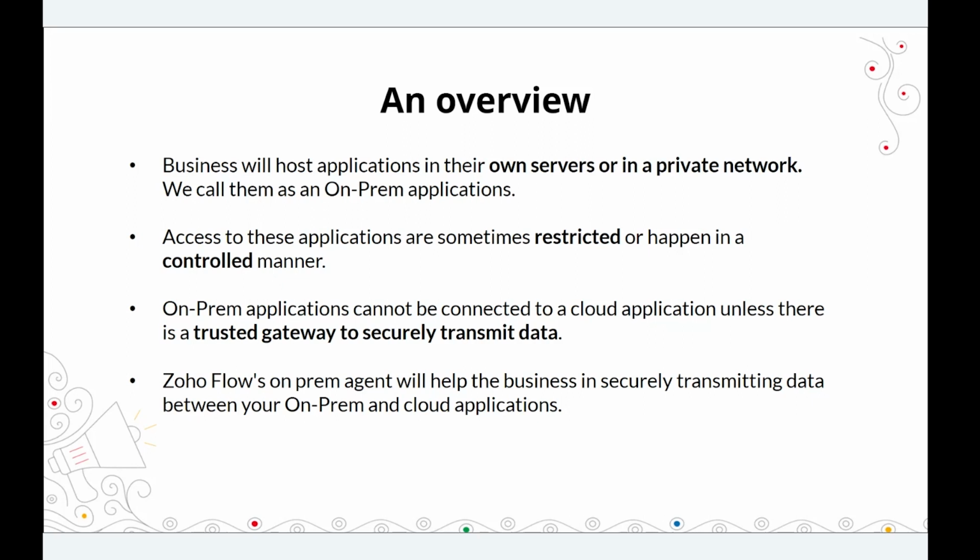If you want to transfer data from these applications, it is not very easy to communicate with them. So there is a need for a trusted gateway to securely transmit data. Here is where Zoho Flow's on-prem agent comes into the picture. It will help the business in securely transmitting data between your on-prem and cloud applications.